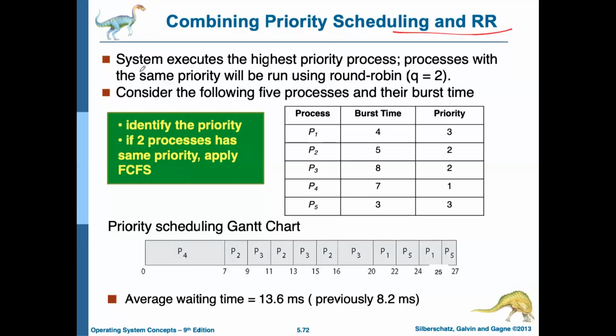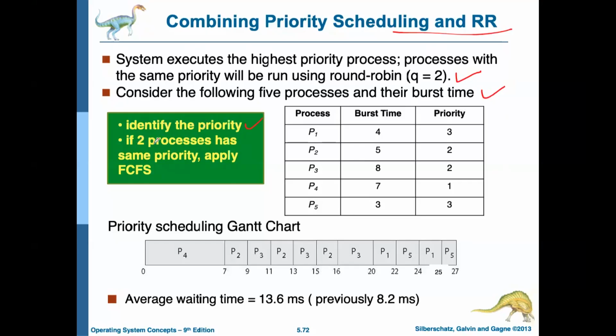The system executes the highest priority process. Processes with the same priority will be run using RR, round robin, with a given quantum. Consider the following 5 processes and their burst times. In a similar way, let's try explaining. We have priority, so identify the priority first.